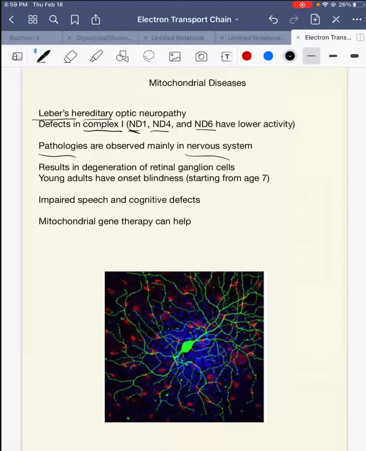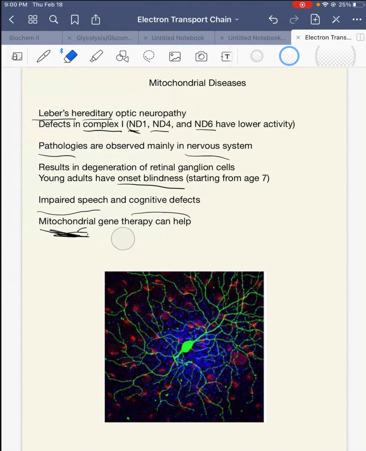Because you degenerate your retinal ganglion cells, you have onset blindness starting from age 7, and eventually impaired speech and cognitive deficits. So you have blindness because complex 1 is not functioning properly, and then eventually impaired speech and cognitive deficits. Mitochondrial gene therapy has been shown to be helpful in some patients, so you can use that to help treat it.